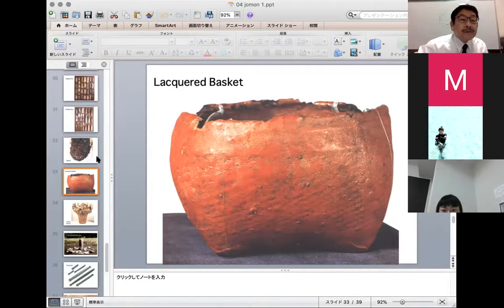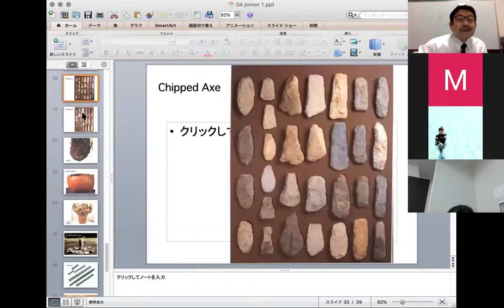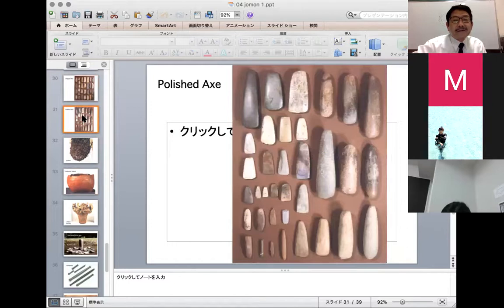Oh, I didn't mention the stone tools. These, including arrowheads and axes, did not appear in the Paleolithic time. They had knives and points and scrapers. They had scrapers in the Jomon time, but not very many. But instead, they had these and mortars.